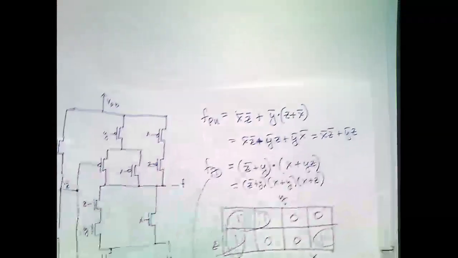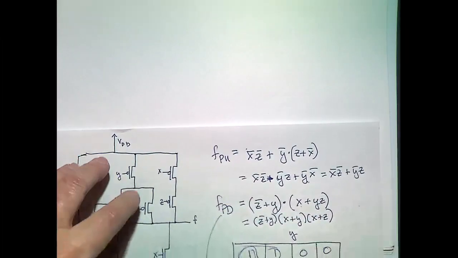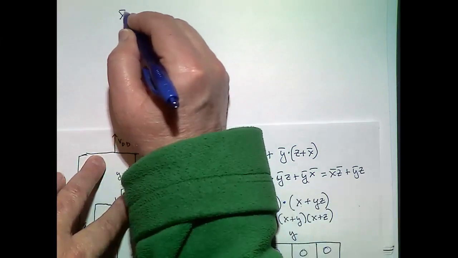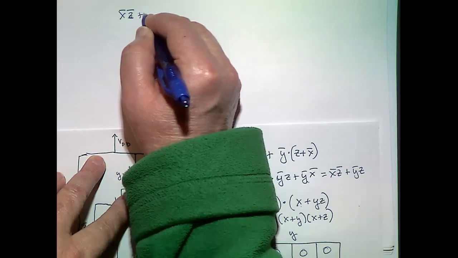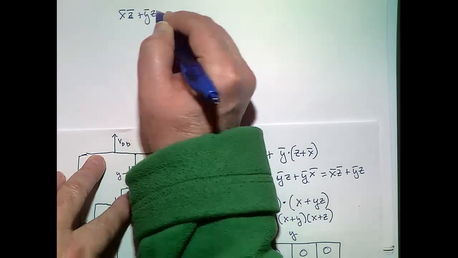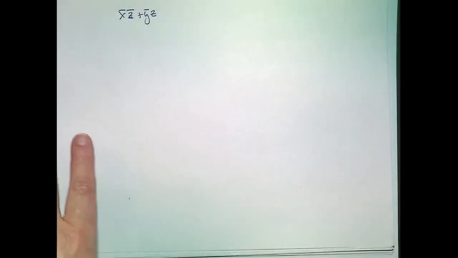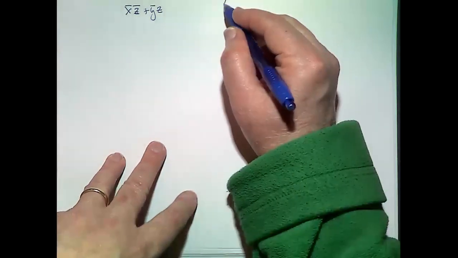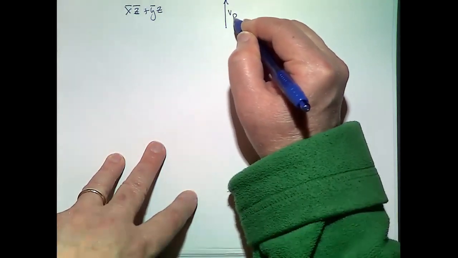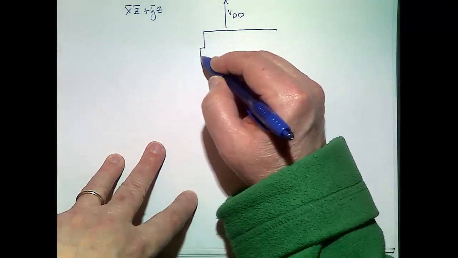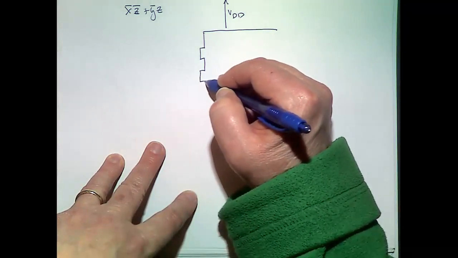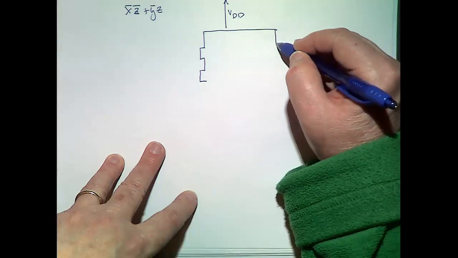All right, so let's draw. The function I'm trying to implement now is this one. Okay, so this doesn't look too bad. I have 2 branches. I need X and Z, and I'm going to put them over here.